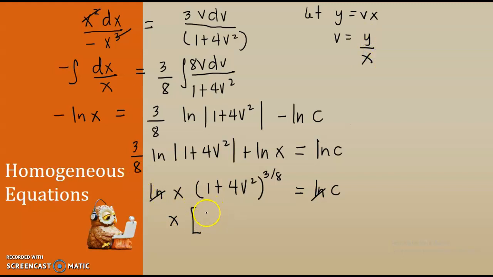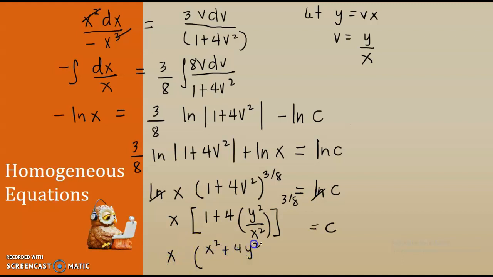We have 1 plus 4, this one is v squared, therefore that is y squared over x squared raised to 3 over 8 equal to c. Therefore, we have x, tapos, we have x squared plus 4y squared over x squared raised to 3 over 8 equal to c.